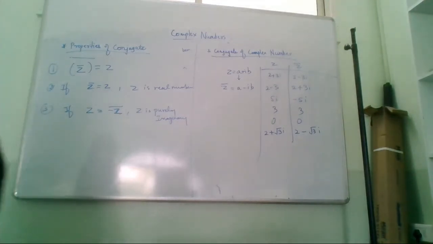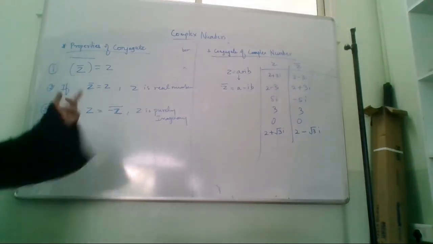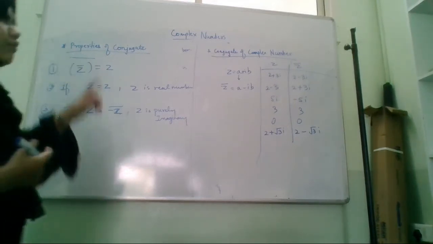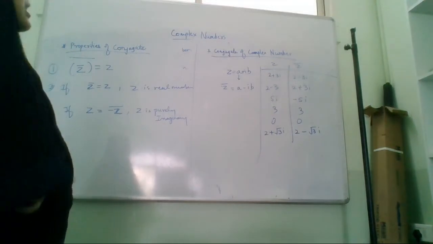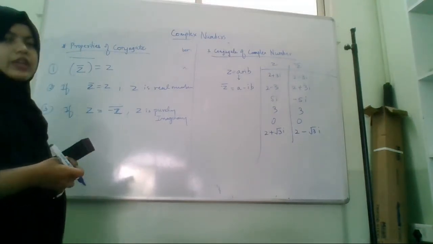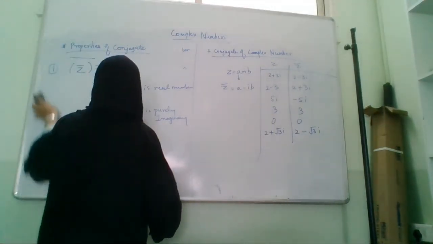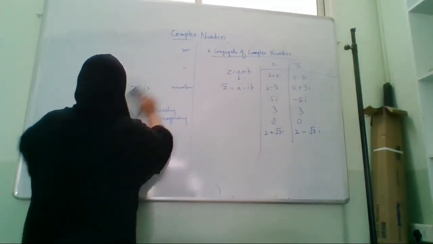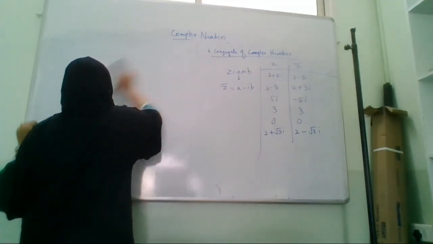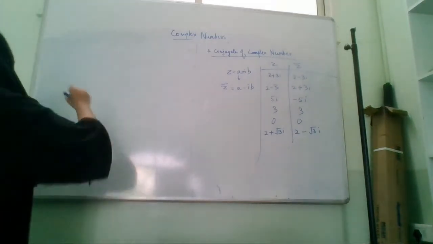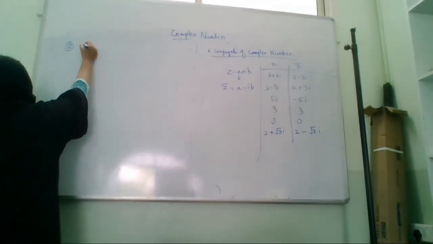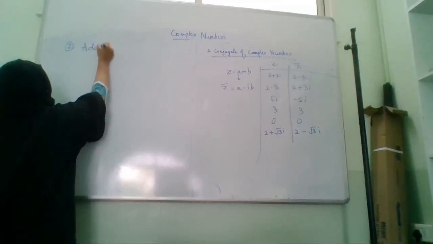Now the next topic: this was the first algebra of complex numbers, that is, equality of complex numbers. So the second algebra is addition of two complex numbers.